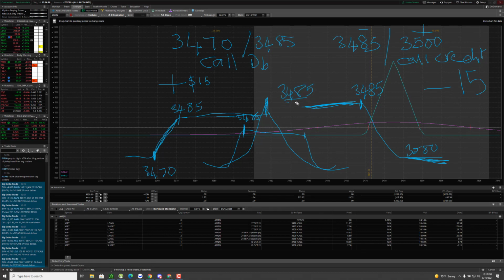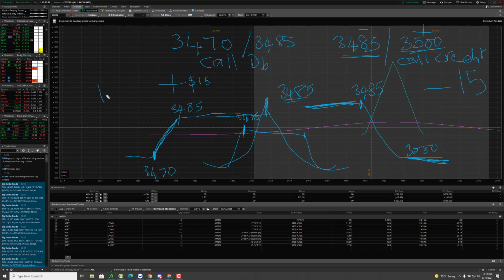If it pins here tomorrow on expiration at 34.85, I will make $15 over here, but this $15 will become zero, because it did not close over here. When it expires worthless, this becomes zero. So I will make the $15, but I won't lose the $15. That is the way I'm looking at it.